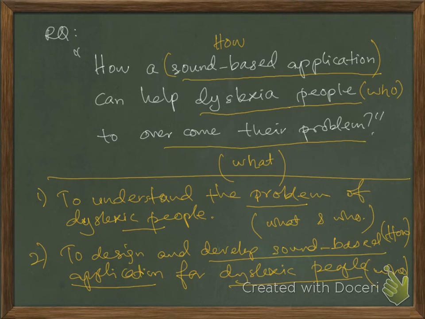So from these research questions, you can identify the construct, and through this construct you try to answer, and you can produce the objective that you want to achieve in your research.